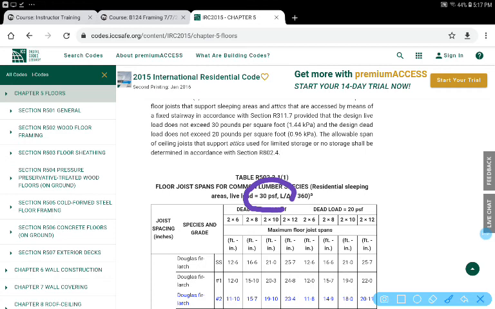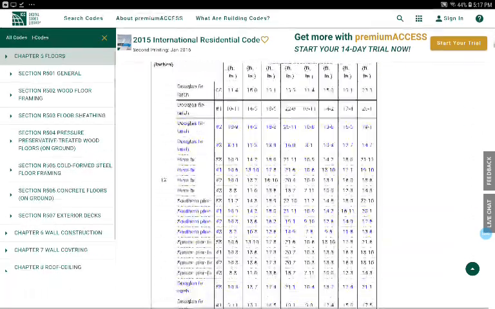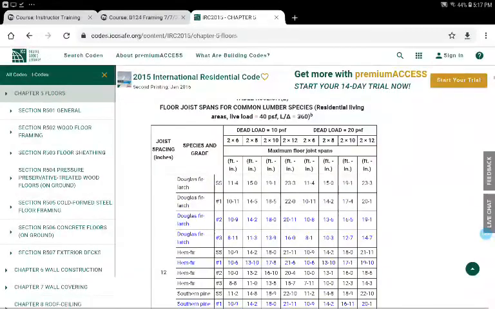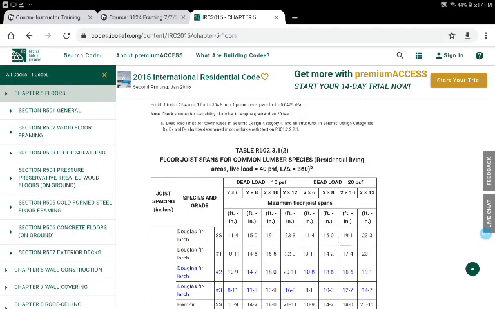But I always say, whenever in doubt, always go to the most restrictive. And in this case, the most restrictive is going to be the 40. If it's unknown, of course, you can look it up on your blueprints. You can look up the chart that has live load areas in different regions and make sure you're building accordingly. But whenever in doubt, always go to the most restrictive.